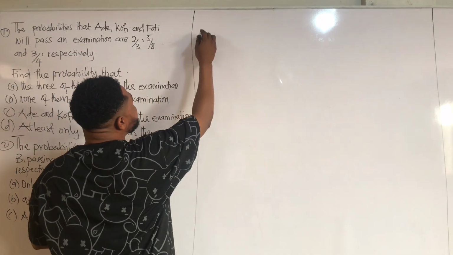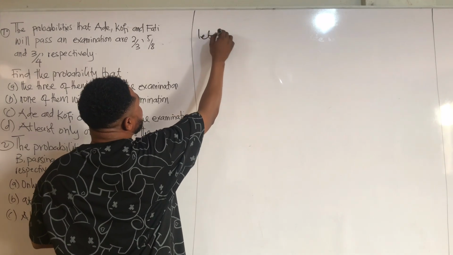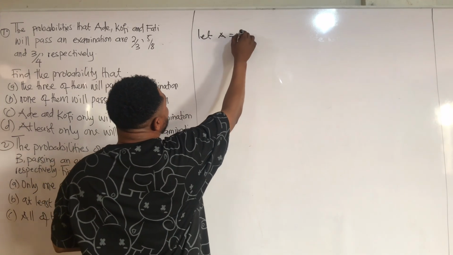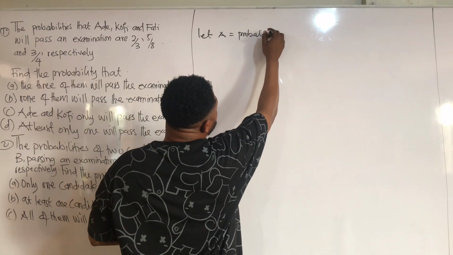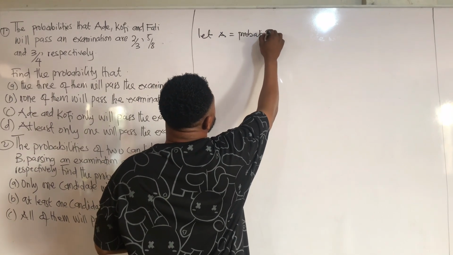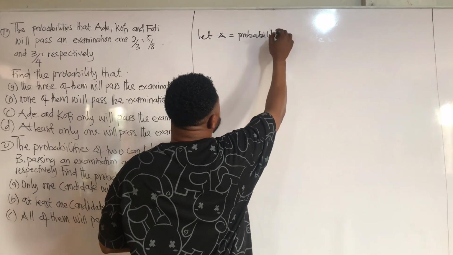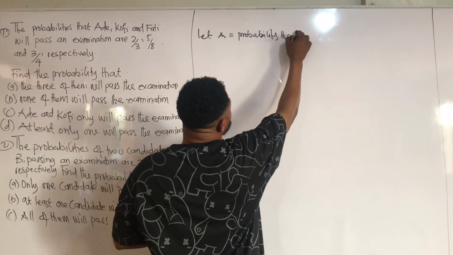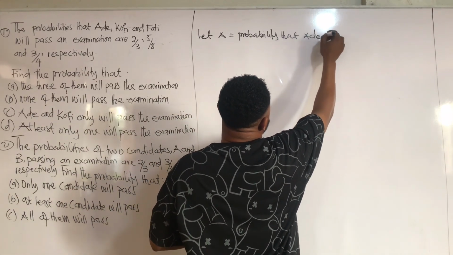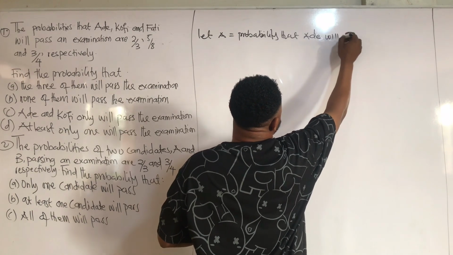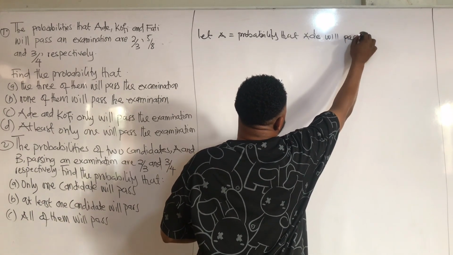So we start by saying that let A equal to probability that Ade will pass.